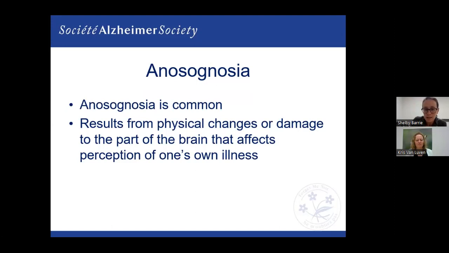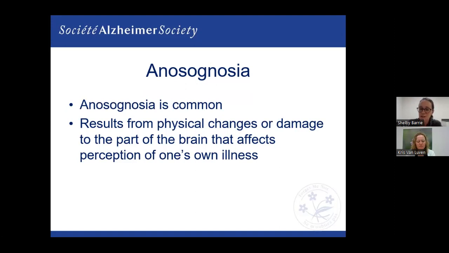So anosognosia is common in dementia, especially as the person moves into the middle and late stages of the disease. It is a direct result of the physical changes or damage to the part of the brain that affects perception of one's own illness.